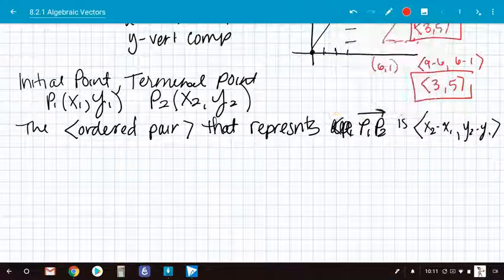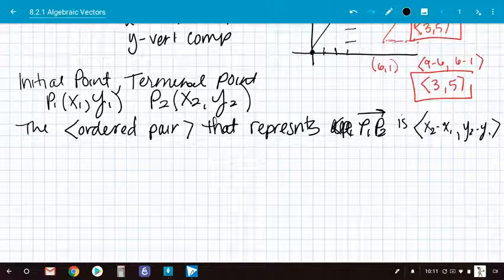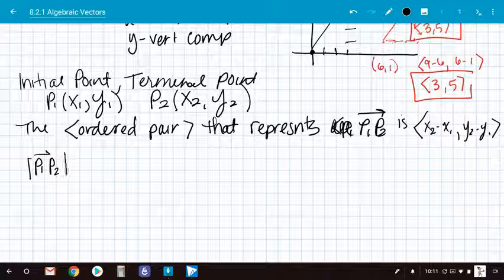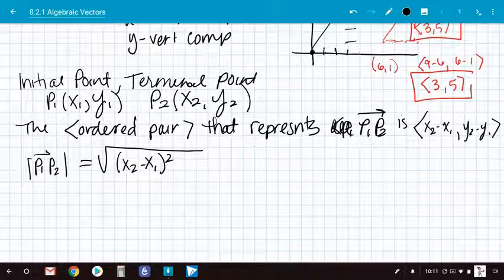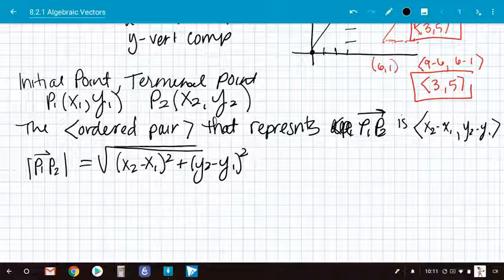Similarly, to find the magnitude of our vector P1P2, or the distance from, for example, the point 6, 1 up to the point 9, 6, would be like the distance formula, which really just comes from the Pythagorean theorem. You would square root all of this.